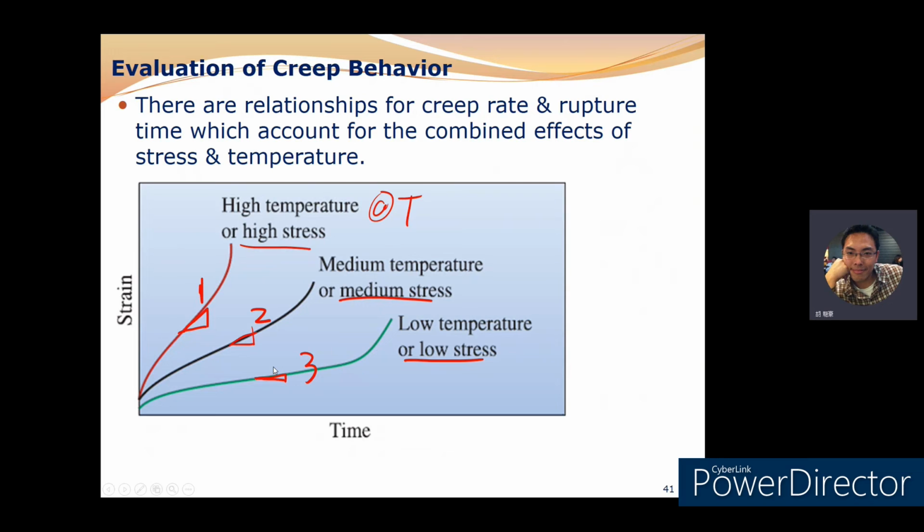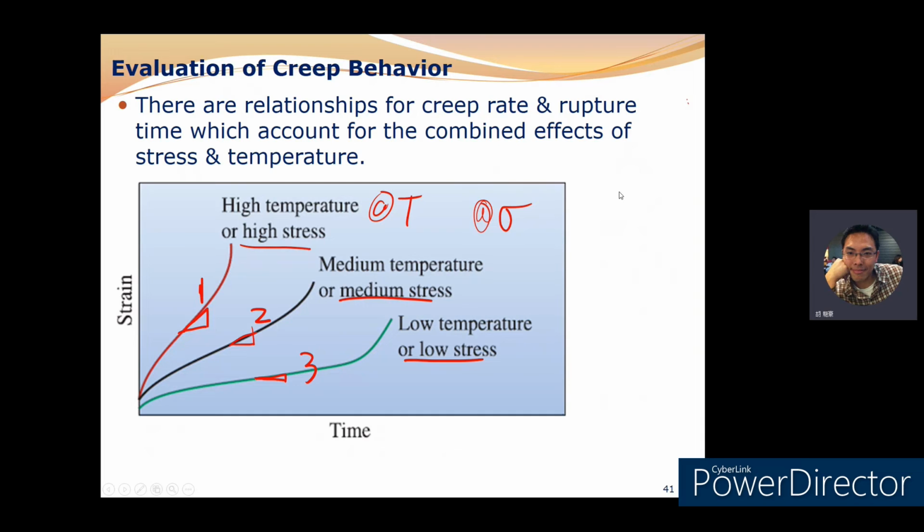In other words, if this figure is tested under a fixed stress and with different temperatures, can you explain this figure? Which one is stronger?